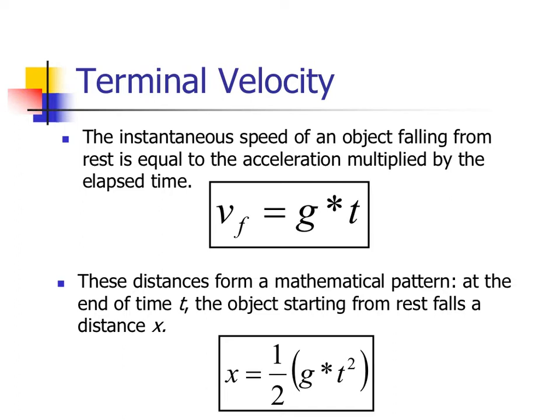Now, if we recall and look very closely at the equations that we used for when acceleration was constant, a lot of these are going to be the same. The only thing that's missing from this equation is the initial velocity. Because we've dealt with this equation. We did it very early so far.